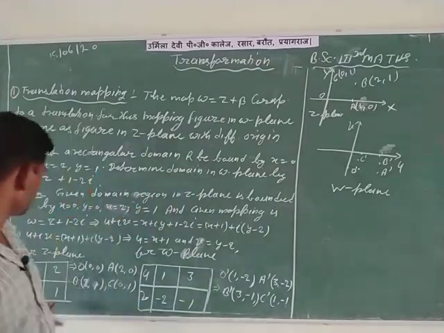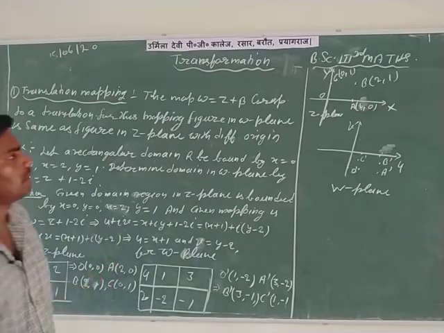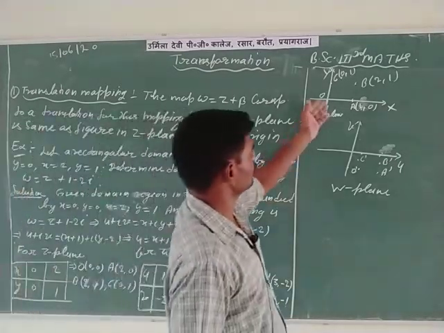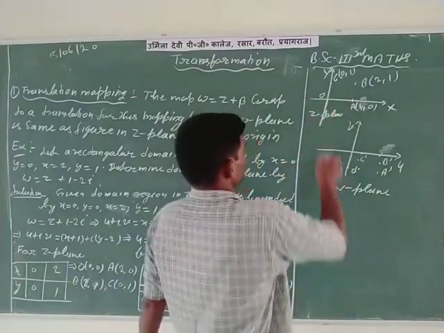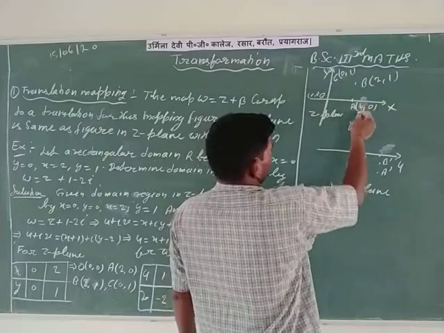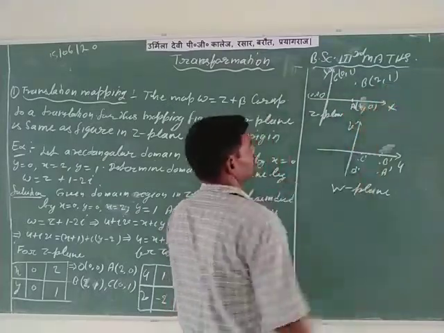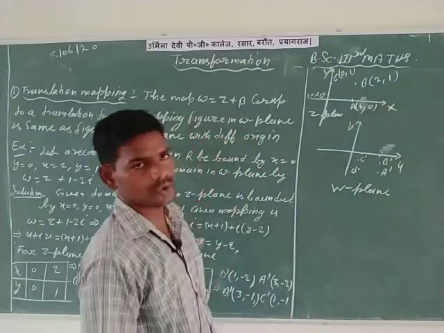For this, calculate 4 points whose coordinates are 0, 0, point A 2, 0, point B 2, 1 and point C 0, 1. Draw these points on the Z plane. So point O is denoted by 0, 0, point capital A 2, 0, point capital B 2, 1 and point capital C 0, 1.